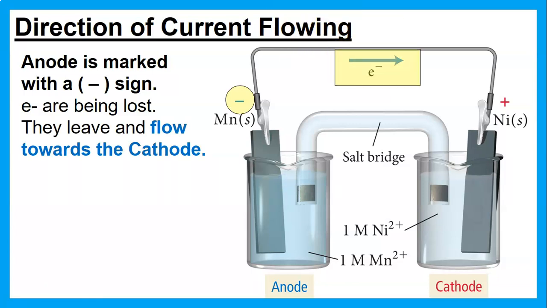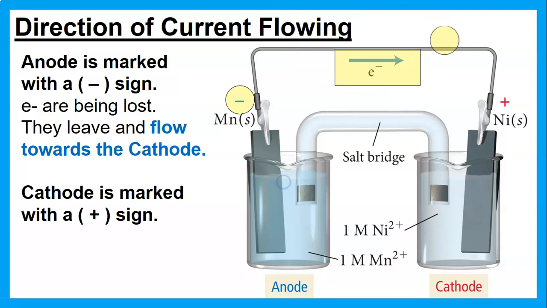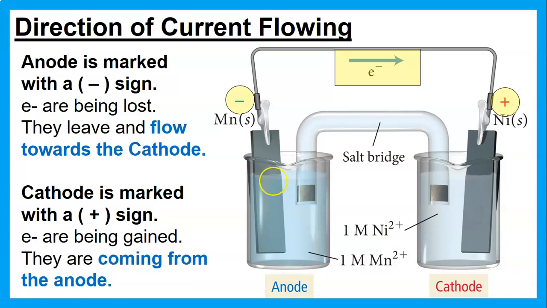They go through that wire into the cathode, and we label the cathode with a positive sign. That's where the electrons are being gained, and they're coming from the anode. I think talking to yourself out loud and saying it verbally and describing what's happening early on in your practice problems is very helpful.